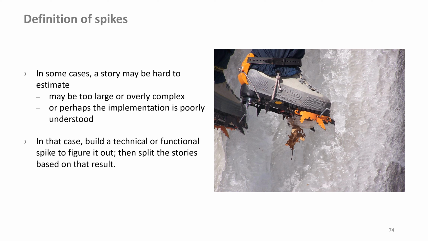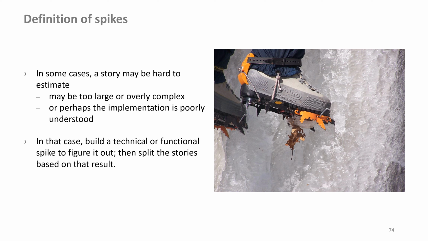When should we use a spike? Sometimes we are not sure if we can complete the story due to some potential blockers, and probably cannot even estimate the story. We can consider a spike as an investment for a product owner.